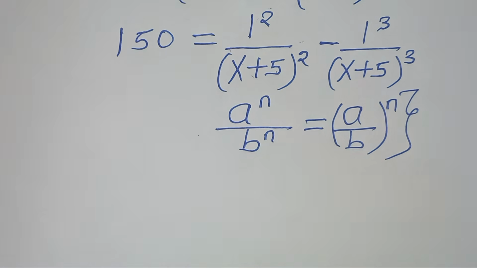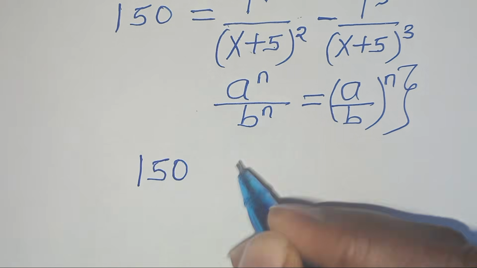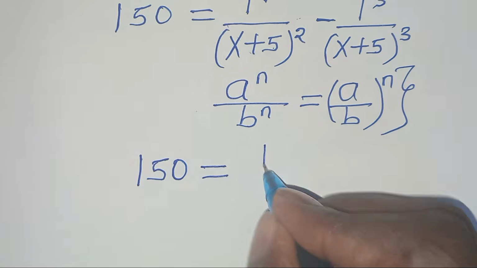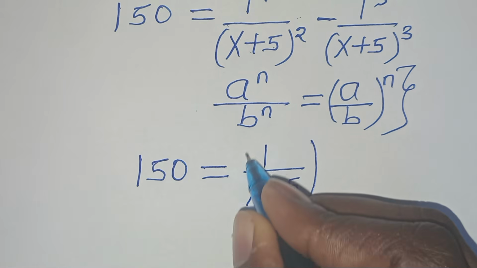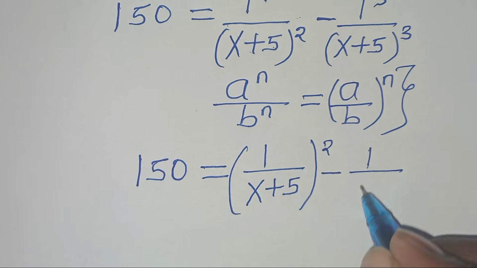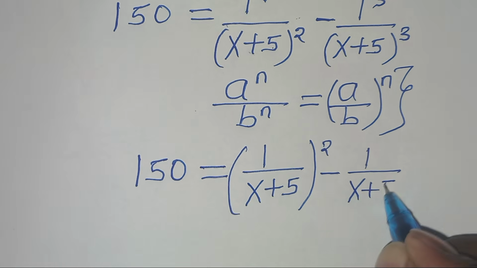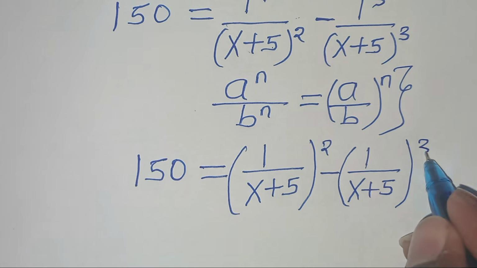Applying this exponent property, this means we have 150 equal to 1 over x plus 5, everything here, raised to the power of 2, then subtract 1 over x plus 5, again everything here, raised to the power of 3.